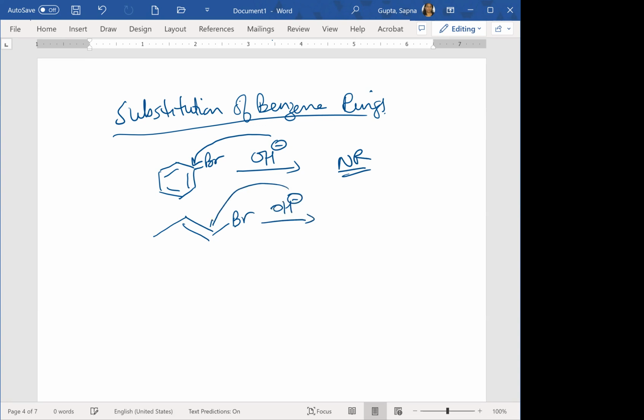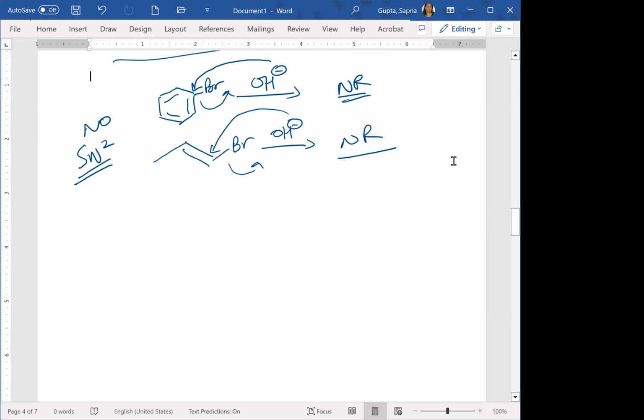I said you can't do these reactions because the nucleophile will not attack anything that itself is a nucleophile. So it's not going to happen. A nucleophile cannot attack a nucleophile. So we wrote these two reactions back in organic 1, but things change, because we learn.